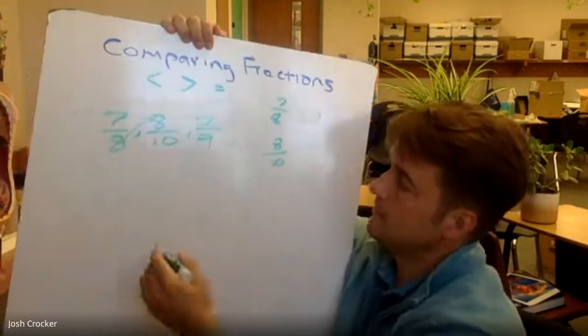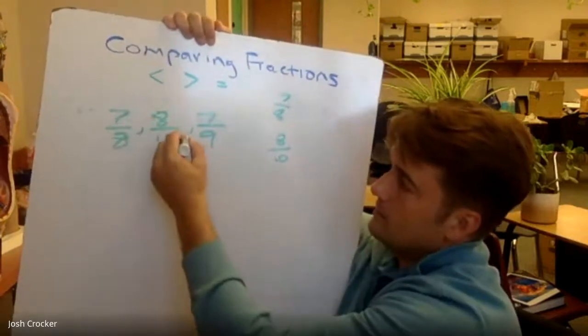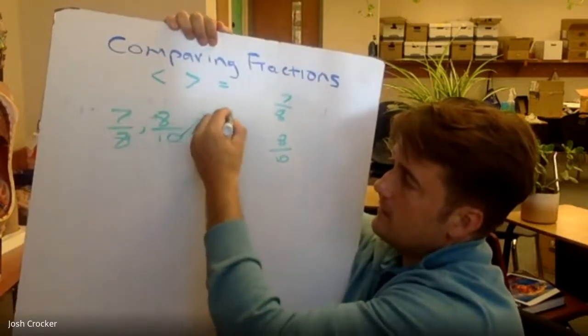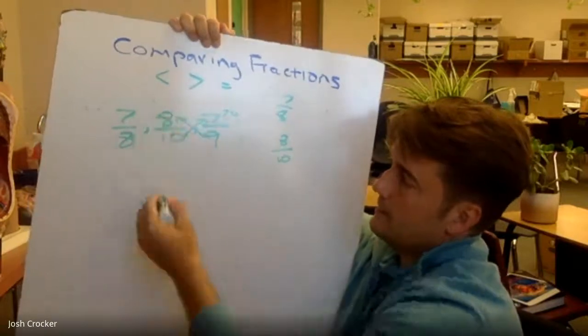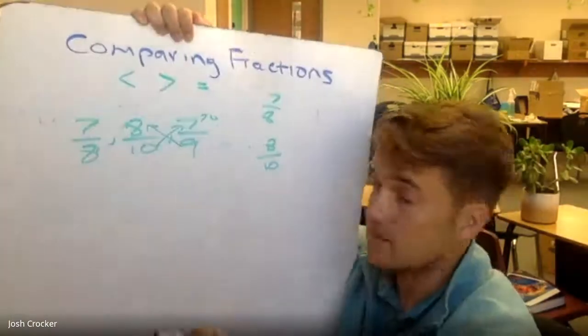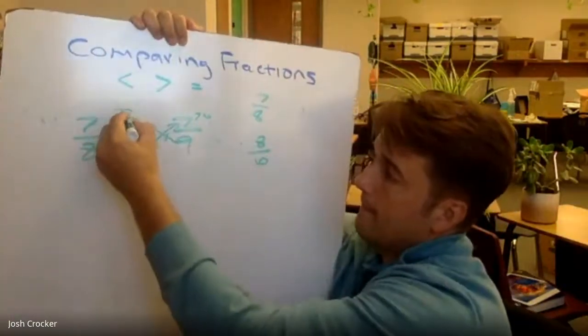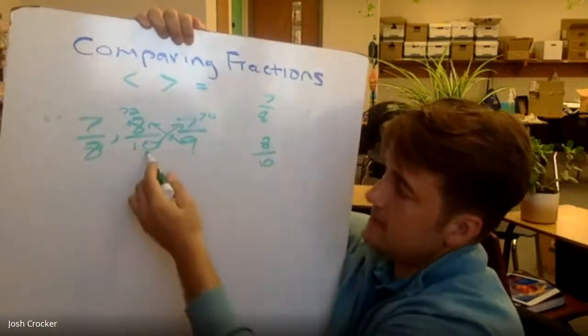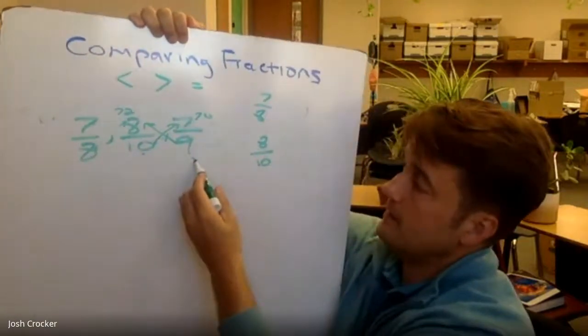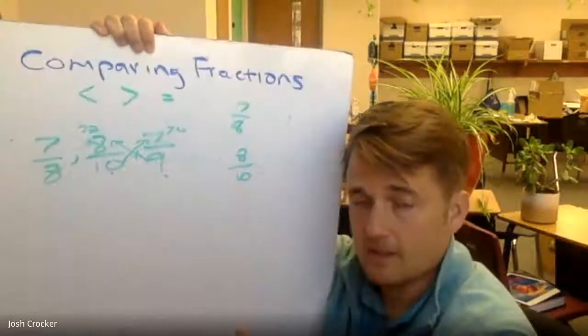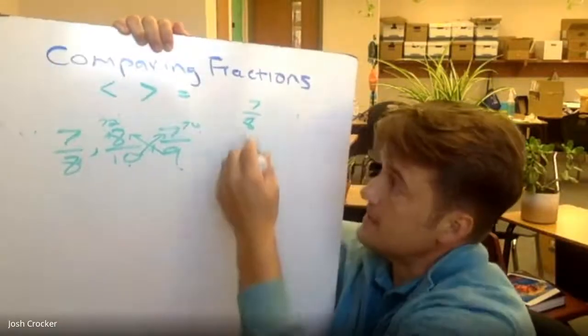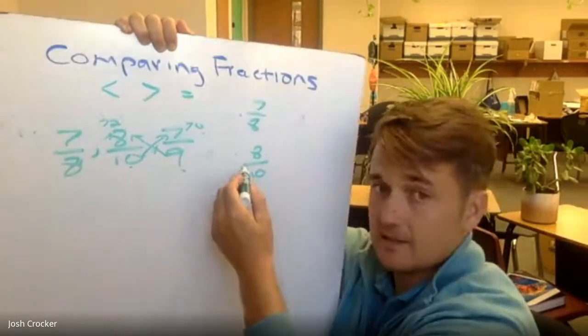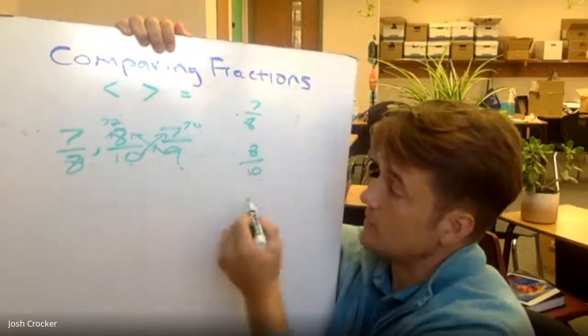Now I'm going to look at these two. 10 times 7 is 70. 9 times 8 is 72. So 8/10 is more than 7/9. We already knew that 7/8 was more than 8/10, and now we know that 8/10 is more than 7/9.